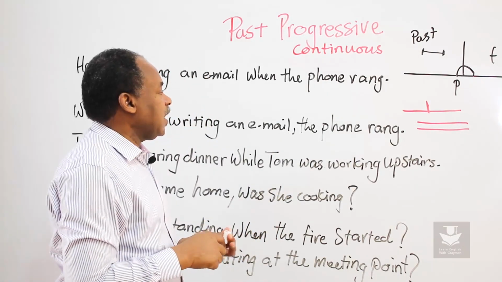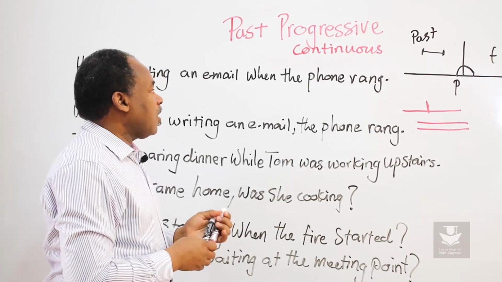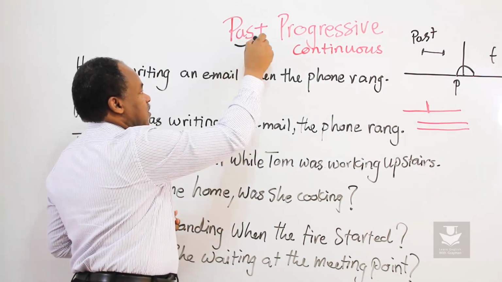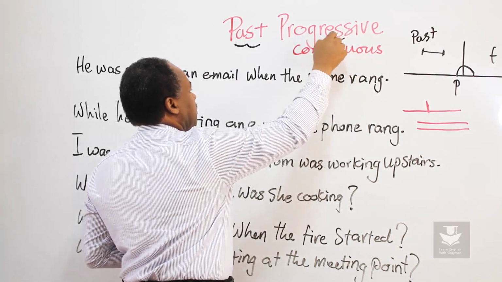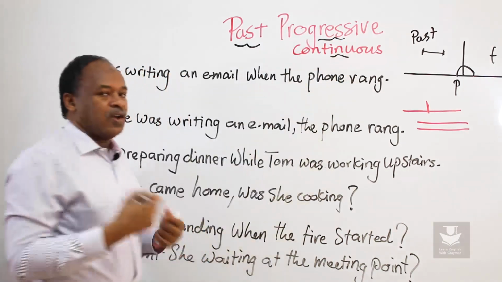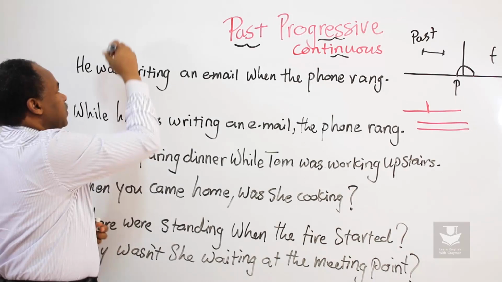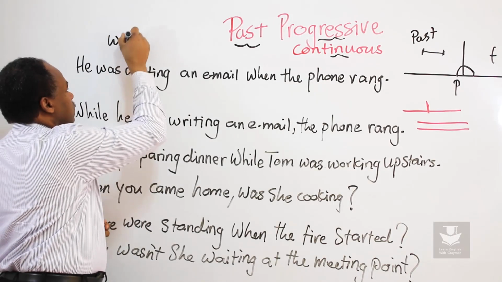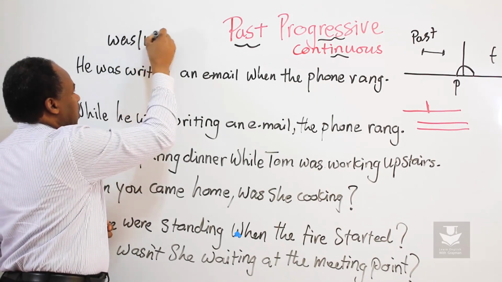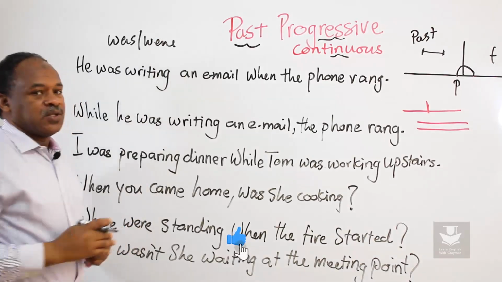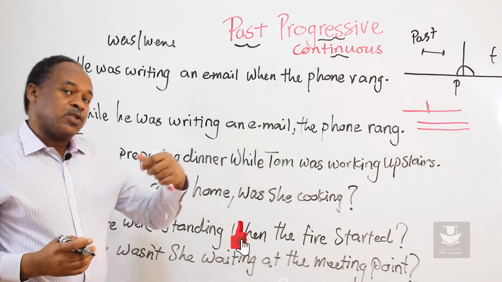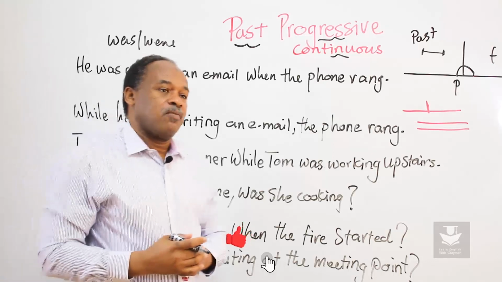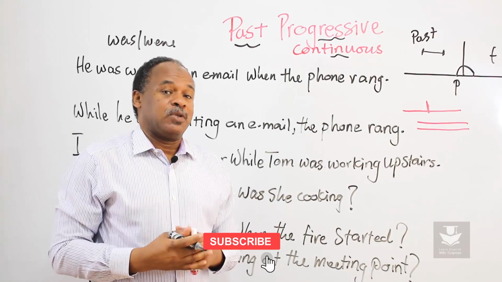But then the question is, how come it is past and at the same time it is continuous or progressive? How should we know that? If you see was or were, that means it is past. I want you to go back and watch my video about the helping verb to be.